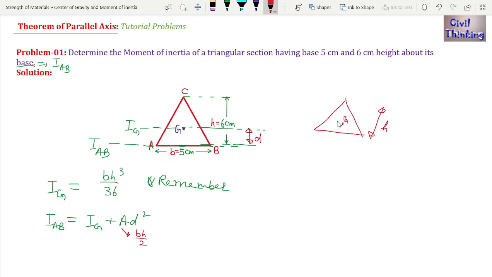The distance from here to here is H by 3, and from here to here the distance is 2H by 3. Now our D is this, from here to here, it is H by 3. So here we are going to put H by 3.